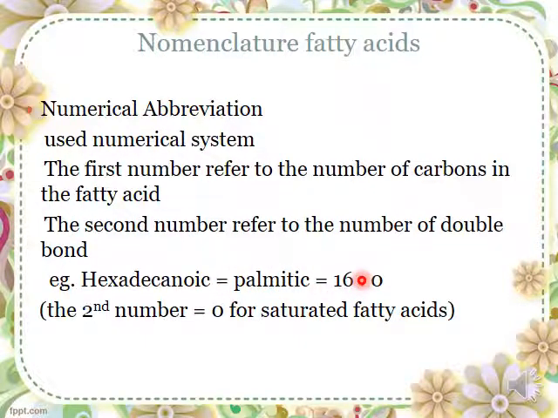Palmitic acid has no double bond. So the numerical system for hexadecanoic acid will be 16 colon 0, where 0 indicates no double bond and 16 indicates the number of carbons.